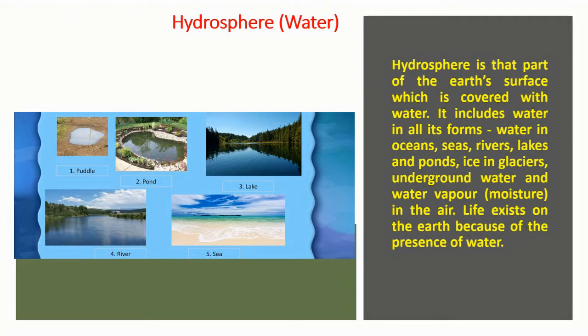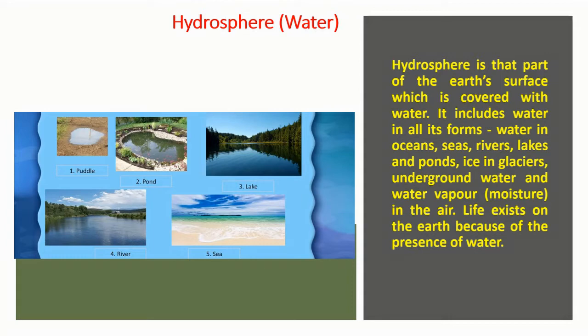Wherever you find water, it can be an ocean, a sea, a river, lake, pond, ice in the glacier, underground water, or moisture which becomes water vapor in the air. All these are parts of hydrosphere. So hydrosphere is water in any form, in form of solid, liquid, or gas.